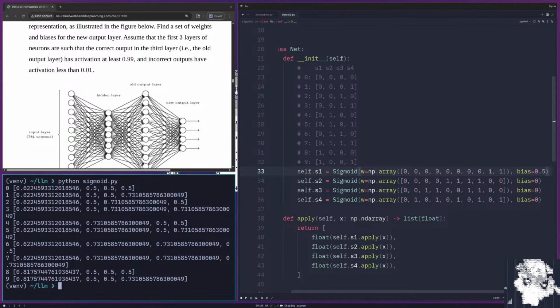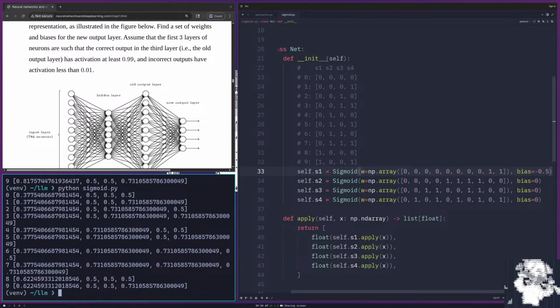That does not do it, but it's not doing what I'm expecting. Oh yeah, it is actually.